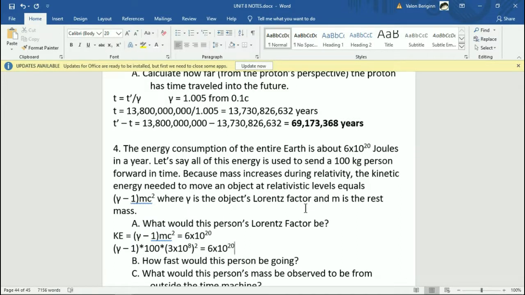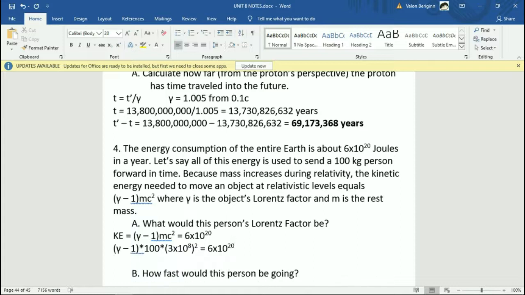Okay, so the easiest thing so far would just be divide by 100, and also c squared is 9 times 10 to the 16. So divided by 100, this becomes 6 times 10 to the 18.